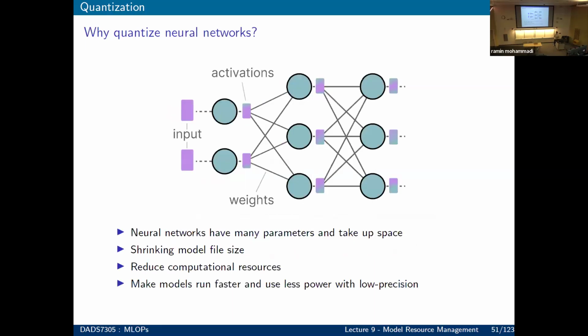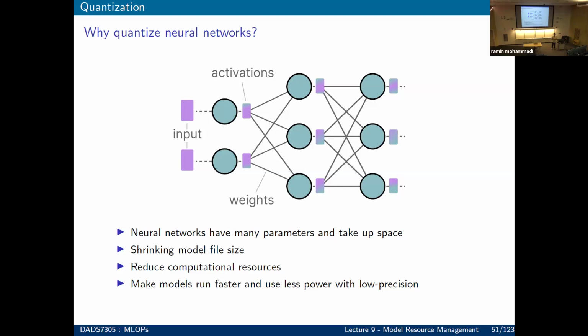Now, when we look at neural networks, there are different things that you can quantize. You have weights, you have biases, and you have your activation map, which is the output of every neuron. We also have something like the attention, which Philip talked about, or the output of the model, like the softmax.